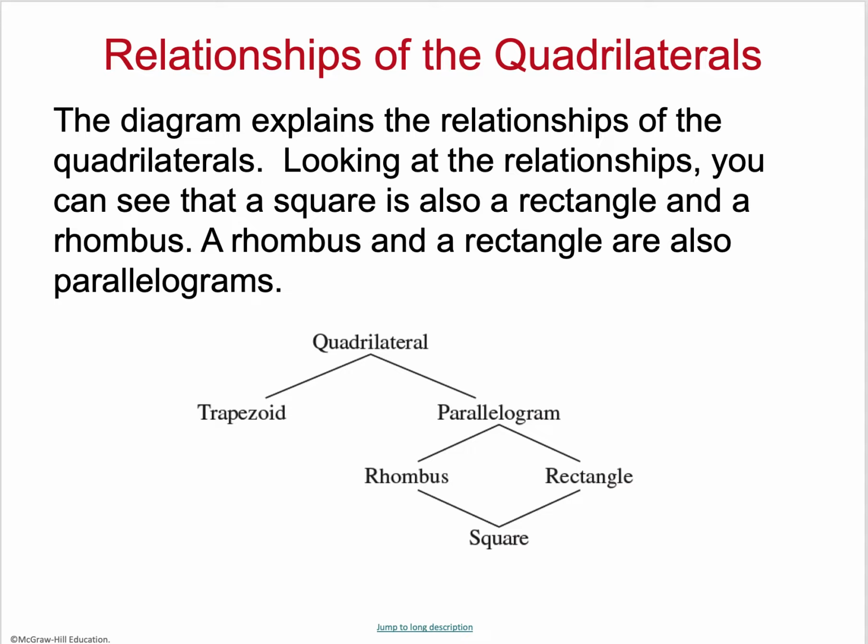If it's a trapezoid, it stops there. You can't classify that any lower. If it's a parallelogram, it could be a rhombus or it could be a rectangle if it has 4 90-degree angles. So something that is a rhombus is also a parallelogram. Something that's a square is also either a parallelogram or a quadrilateral.